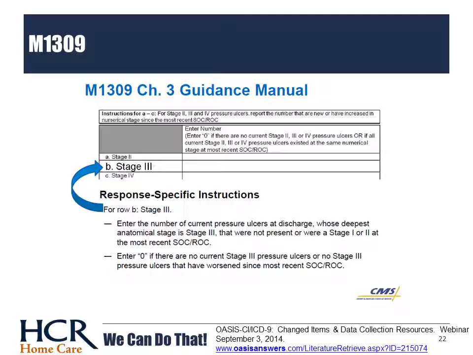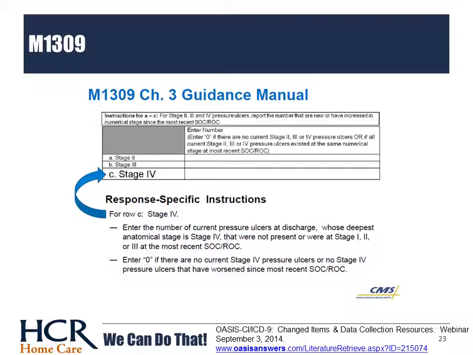Again, either you didn't have a pressure ulcer at the most recent start of care and now you do, or at the most recent start of care, resumption of care, that pressure ulcer was a stage 1 or a stage 2 and now has advanced to a stage 3. Those are the pressure ulcers that must be reported here. You can enter a 0 if there are no current stage 3 pressure ulcers, or there are stage 3 pressure ulcers, but they have not worsened in numerical stage since the most recent start of care or resumption of care.